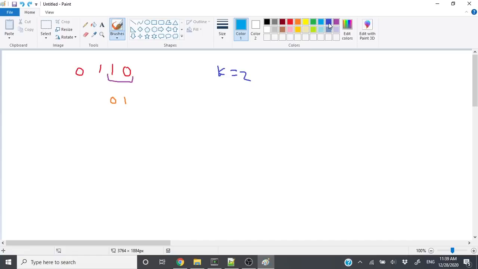But what about other strings? Any other string that's not equal to this differs from this string by at least one character. So for example, we could have 1, 1, or 0, 0, or 1, 0. But it differs by at least one character. But we know that every single one of these characters is different, which means that any character that's not the same as this is going to be the same as this, because we only have 2 possible characters.